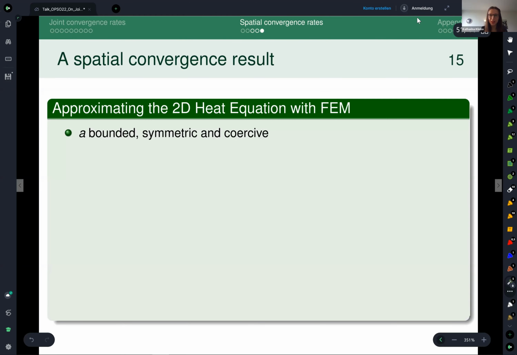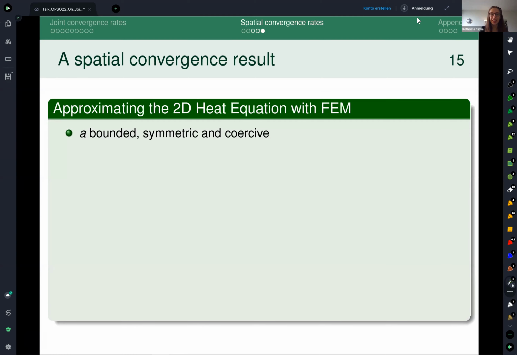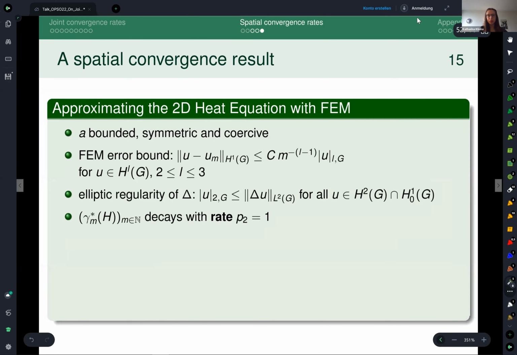Again, time will not be sufficient for the proof, but let's quickly look at the example. There we obtain p2 as 1 by using, well, of course, we need some knowledge about finite element methods. And one knows that for quadratic triangular elements, you can bound the H1 norm by either a linear decay of the H2 semi-norm or quadratic decay of the H3 semi-norm.